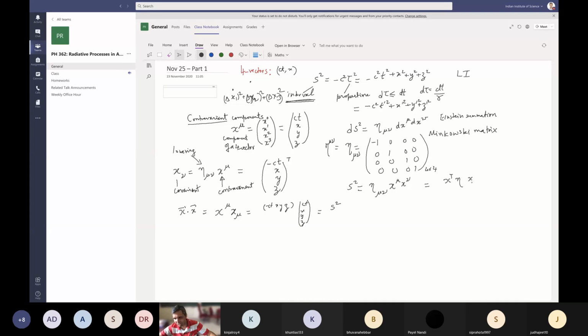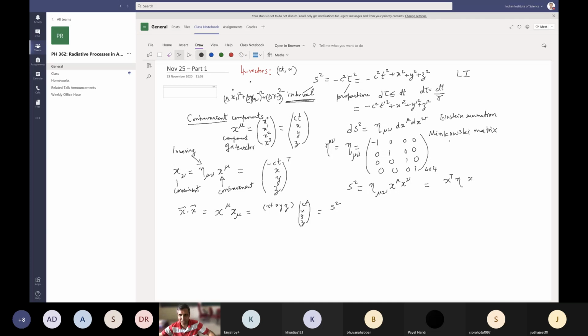This is a column vector, this is a row vector, and this is a matrix. So you get a number. That's correct. So this can be thought of this way. But as I said, I will not do very much of all this, I will only introduce the concepts that we'll be needing.